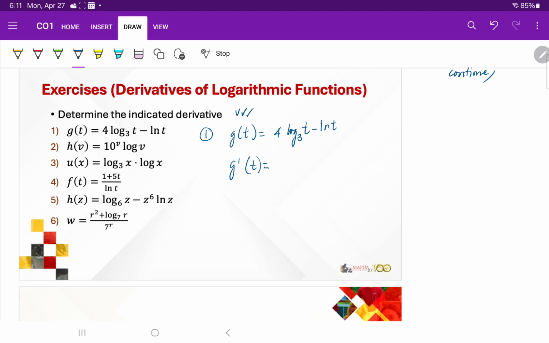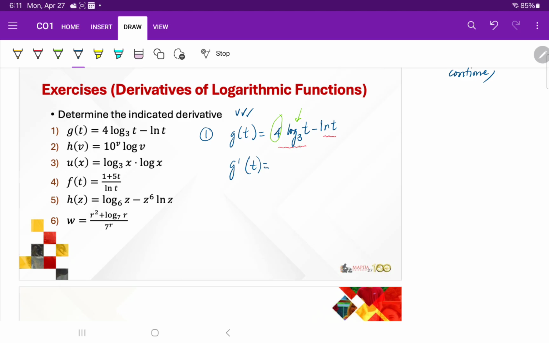Okay, so we have to get the derivative of 4 times the log of t to the base 3 and then the derivative of ln of t. So we have a constant here times this one.